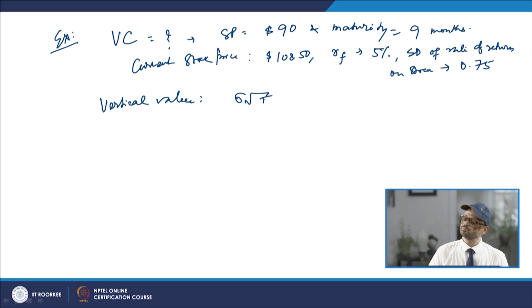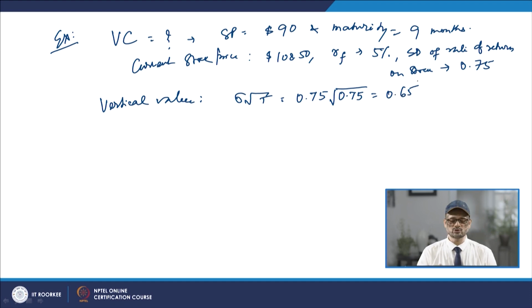Sigma is 0.75, and then you take the square root of the maturity time in years. So this comes out to be 0.65. So this is the vertical value which is calculated.